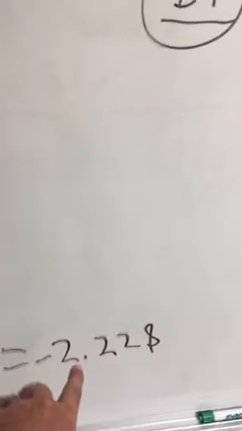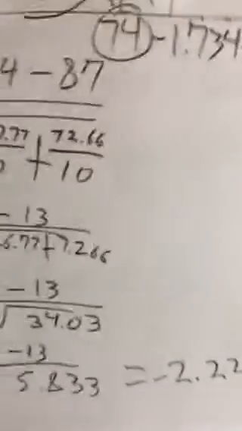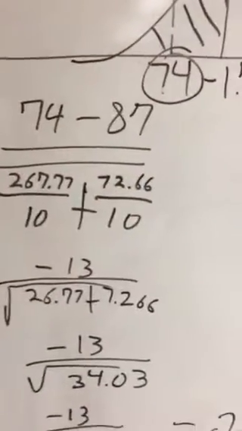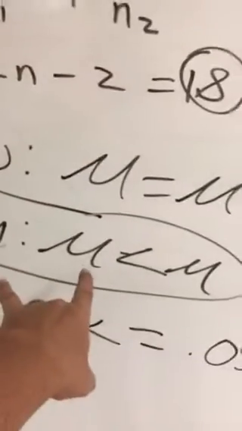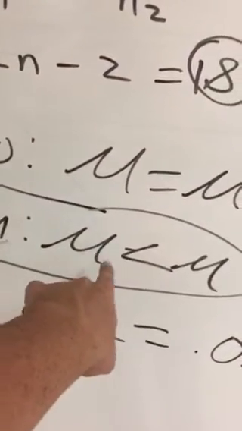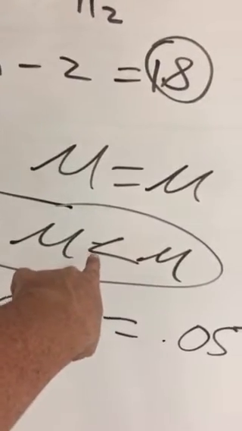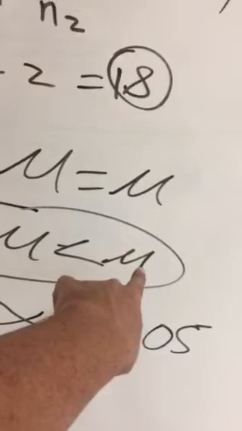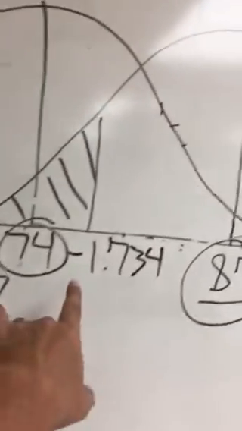I've calculated that, and I get a t-value of negative 2.28, which tells me that it is significantly different. Back to my alternative hypothesis, I'm saying that the mean of sample 1 is going to be statistically lower, less than the mean of sample 2. And when I take that up here, I find my critical area.